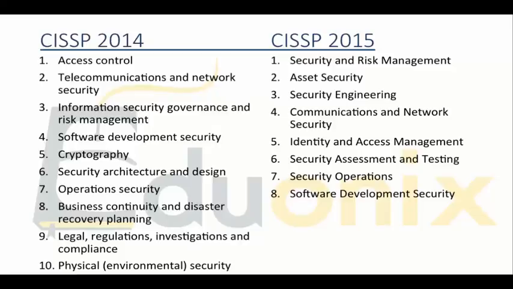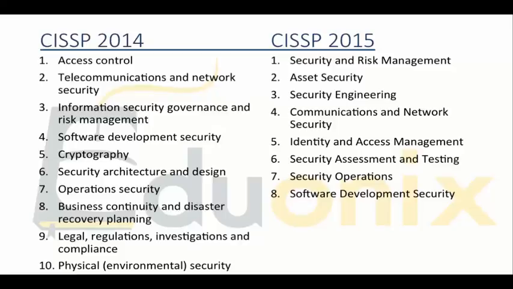So security and risk management, number 1, covers security risk, compliance, law, regulations, as well as some business continuity. Asset security covers protecting security assets. Security engineering covers engineering and management of security. Communications and network security cover design and protecting network security. Identity and access management will include controlling access and managing identity.